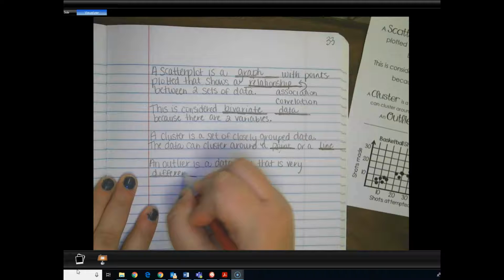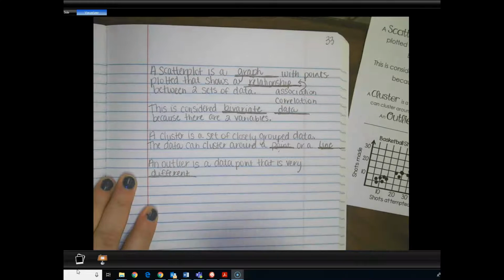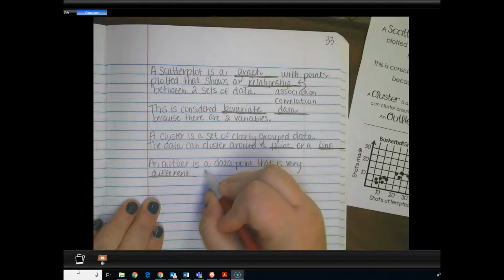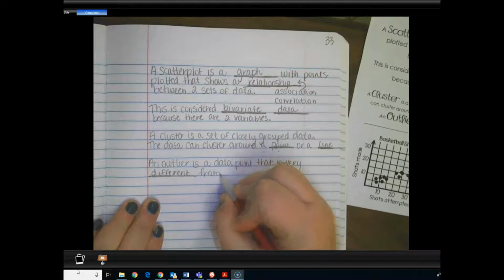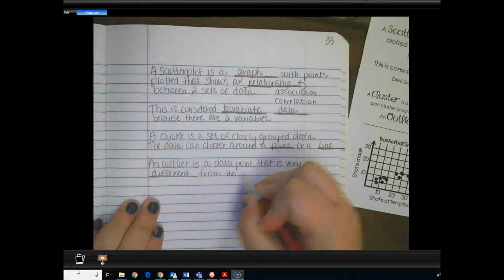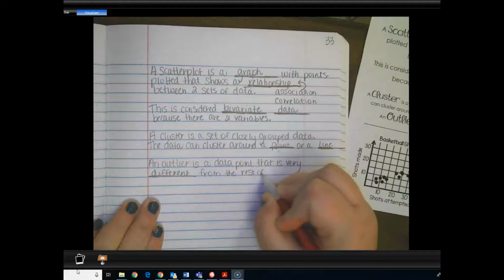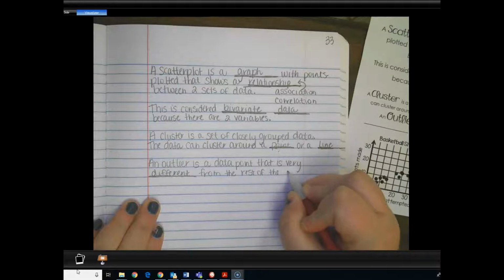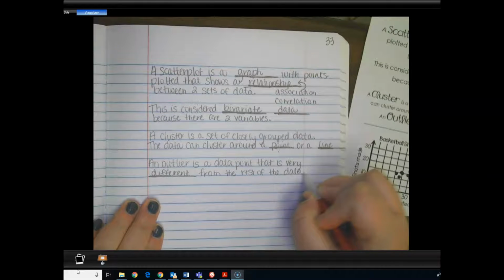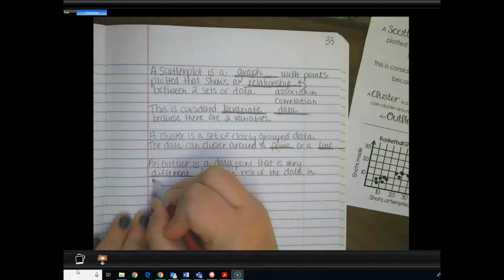It's very different from the rest of the data in the set.